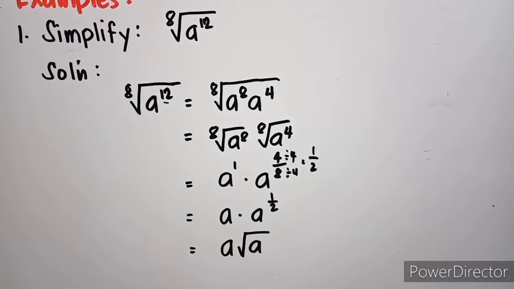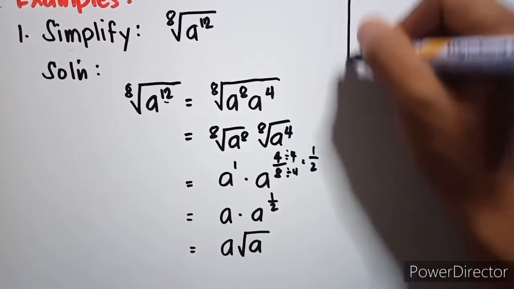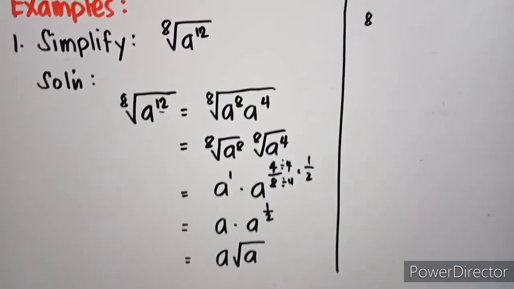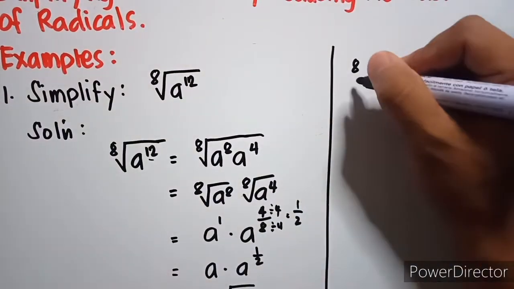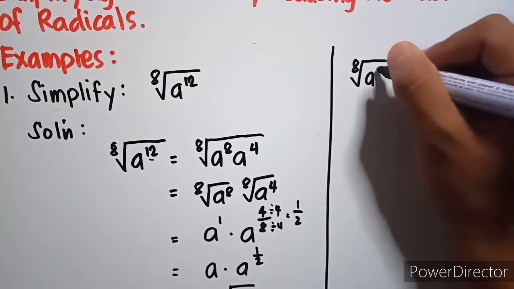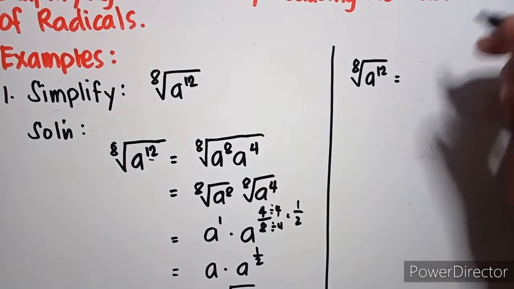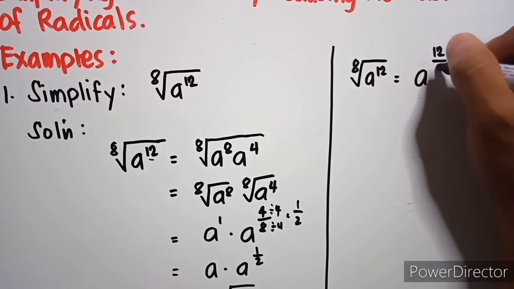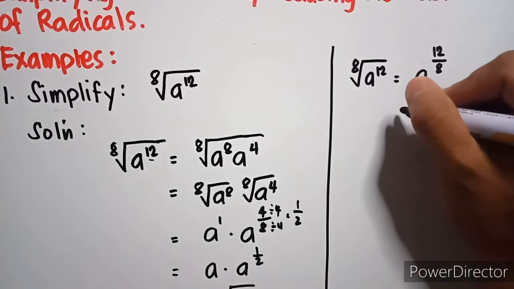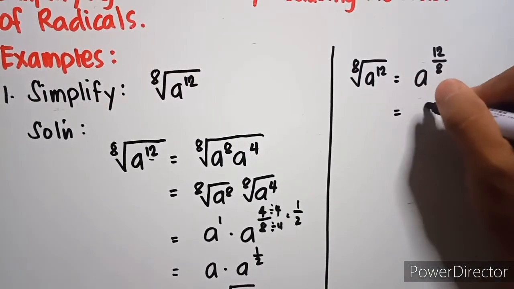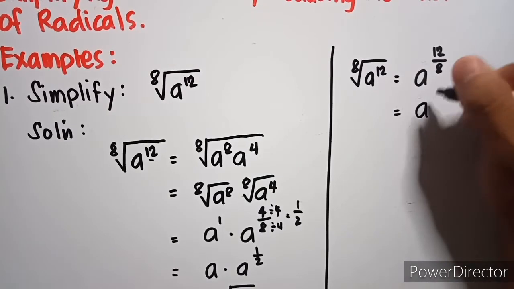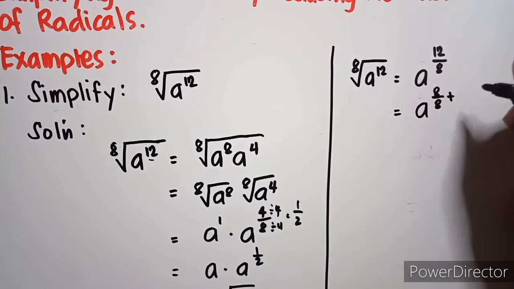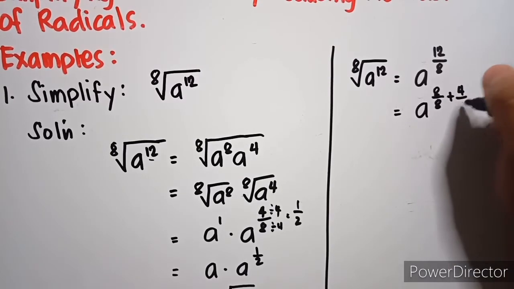So, yung ating other solution, so 8th root of a raised to 12 is equal to a raised to 12 over 8. Okay. Then simplifying this, so we will have a raised to 8 over 8 plus 4 over 8.